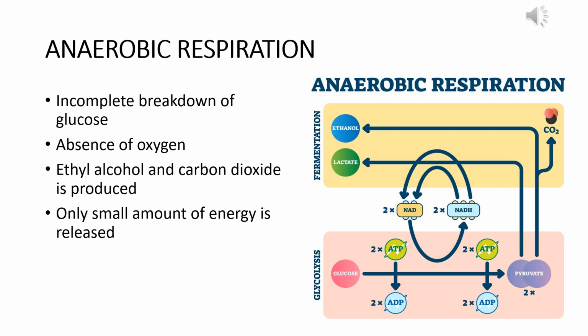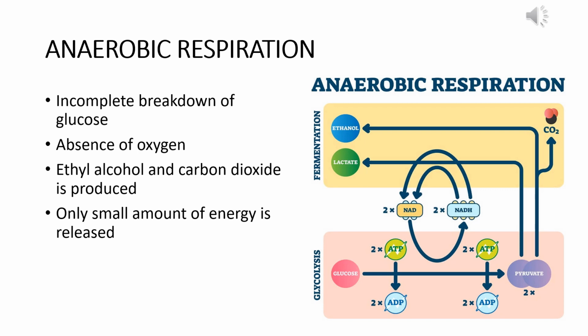So in anaerobic respiration, the Krebs cycle, that is conversion of pyruvate into CO2, water and energy, is absent. Instead, pyruvate is converted into lactate and ethanol, and also a little bit of carbon dioxide is produced, and this is called fermentation. And as we have seen, the main amount of energy, that is 36 ATP molecules, was produced in the TCA cycle.